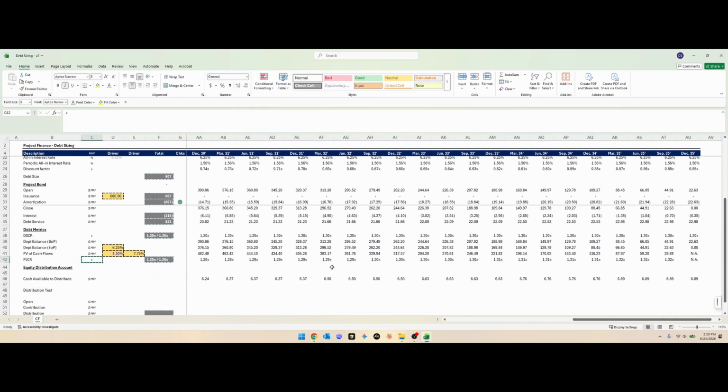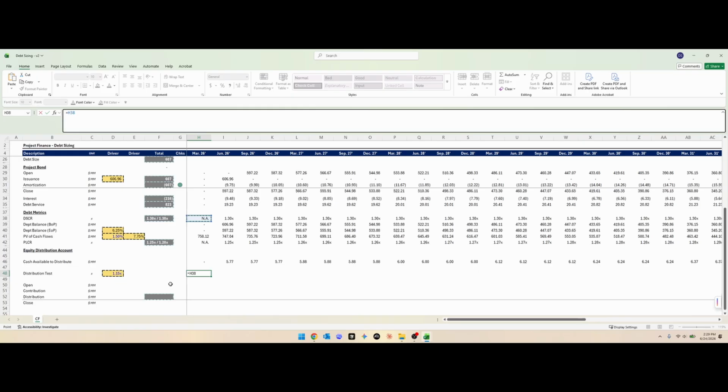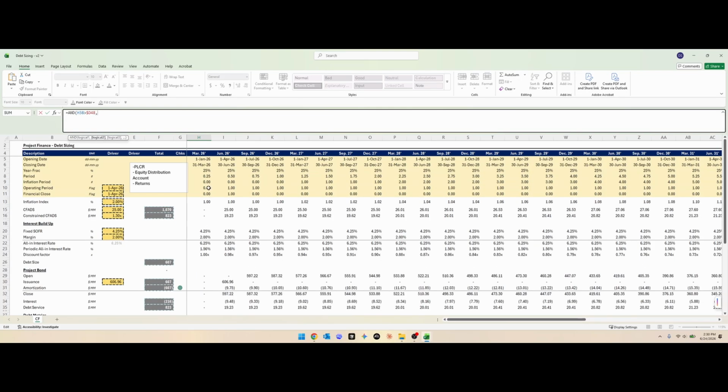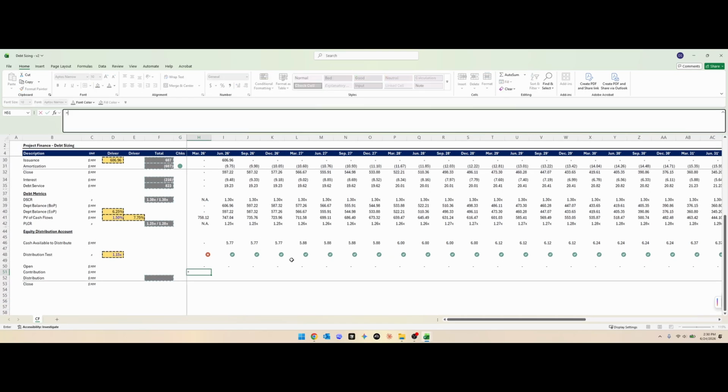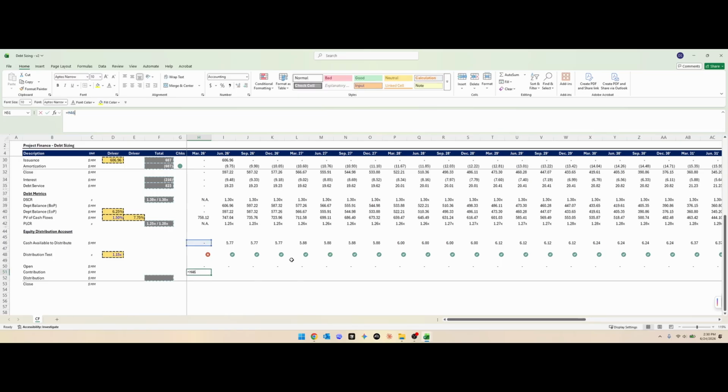A test: is the DSCR above our distribution threshold? Is this greater than our distribution test? We're going to put an AND function: this is greater than that, and we're in the operating period or term conversion period. That's going to be false, and our contribution is going to be our cash flow available to distribute.